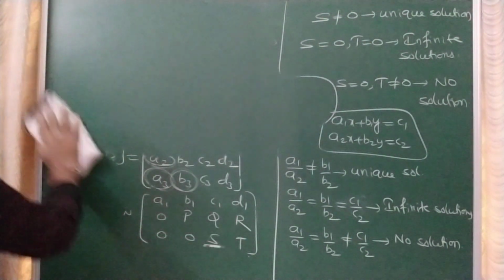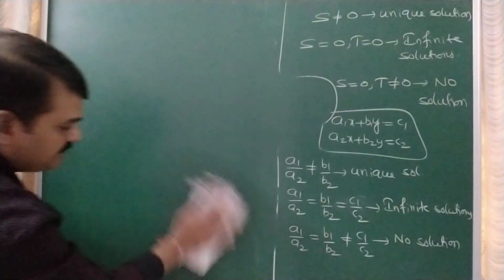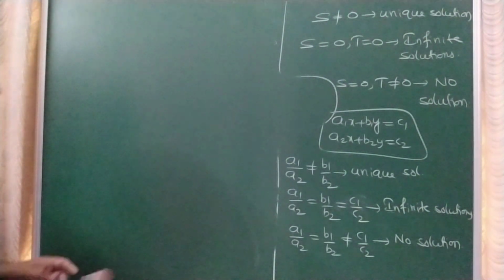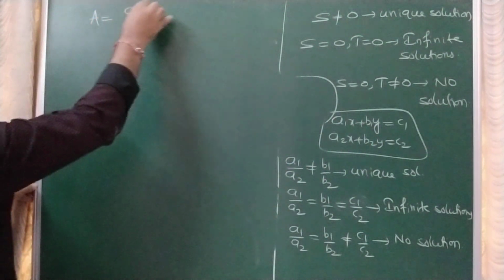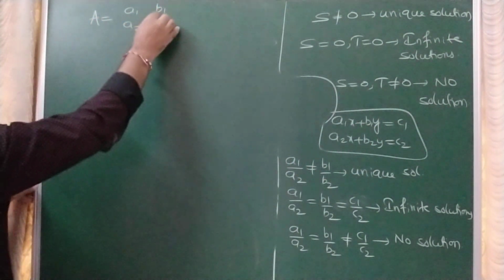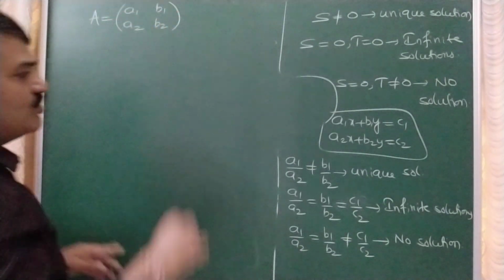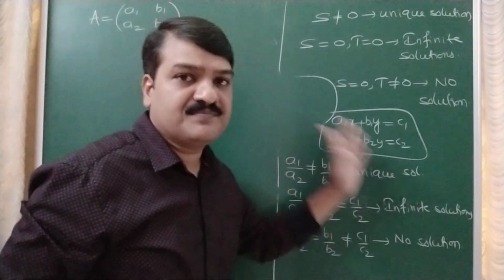If you take two equations in two variables part, what is the coefficient matrix here? Coefficient matrix is A1, B1, A2, B2. This is the coefficient matrix.